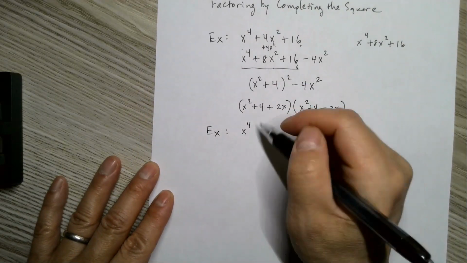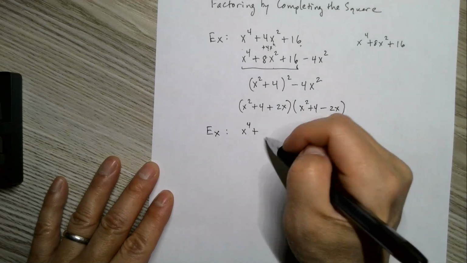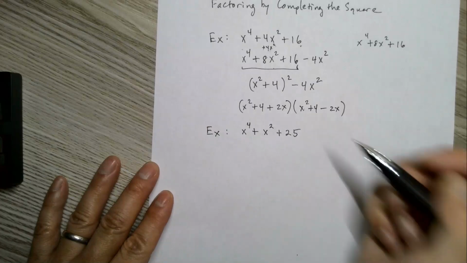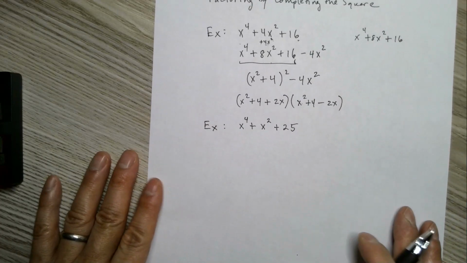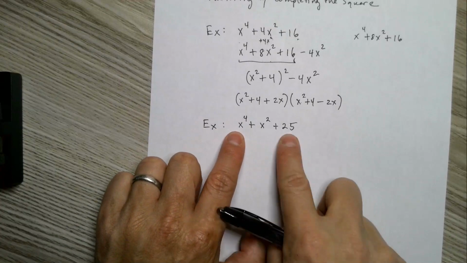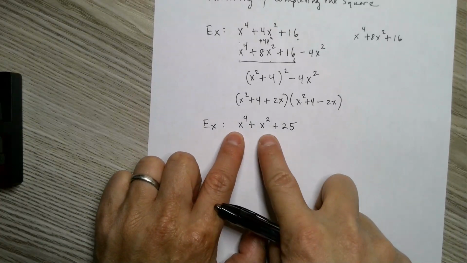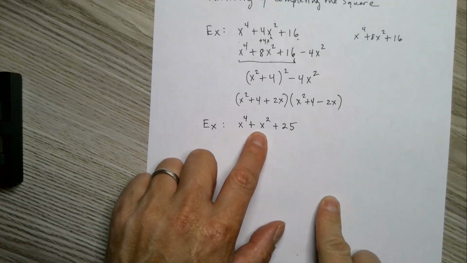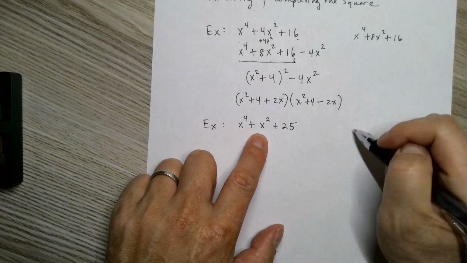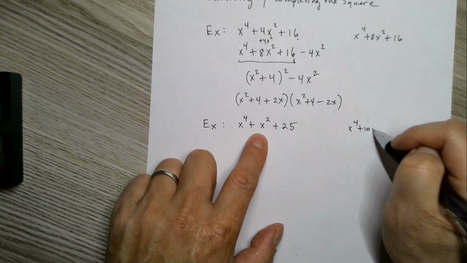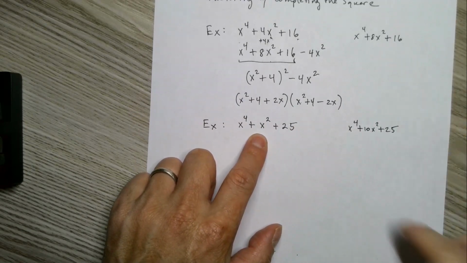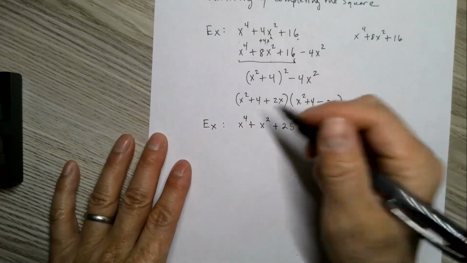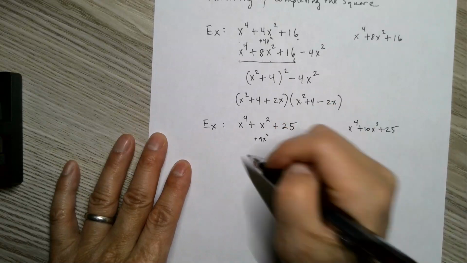It's slightly different in nature. Okay, so again, I see a perfect square here, I see a perfect square here. I think this is a perfect square trinomial, so I look on the middle term. It's the wrong coefficient because I need that to be a 10. I need it to be a 10. But it's a 1. So all I have to do is add 9x squared to make it 10.